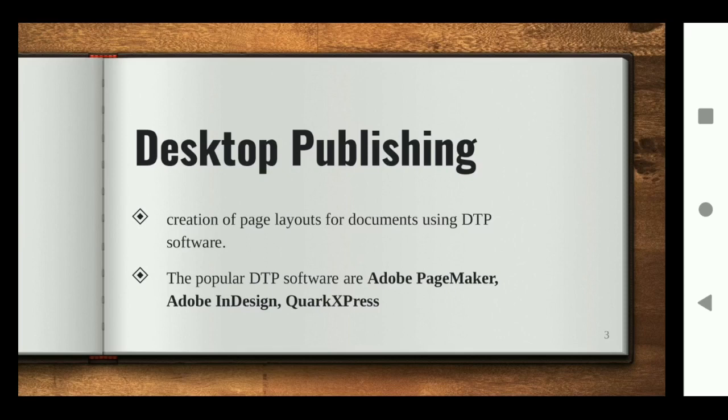Likewise, here we are framing a page, how it should be displayed to the viewers. The popular software I have listed on the screen are Adobe PageMaker, Adobe InDesign, and QuarkXPress, which are some of the most prominent software used for publishing the page, commonly termed desktop publishing.